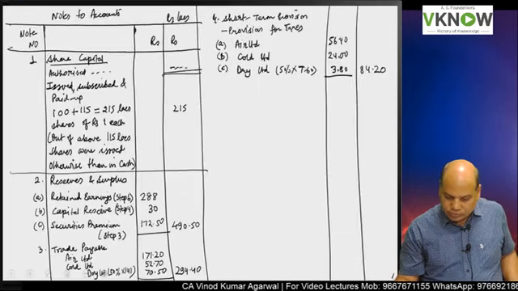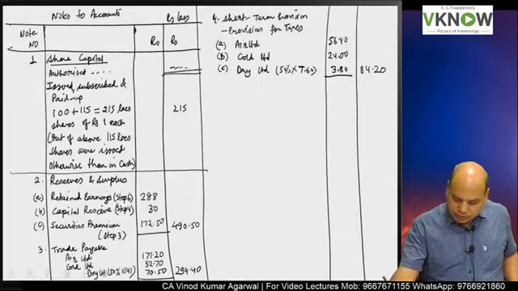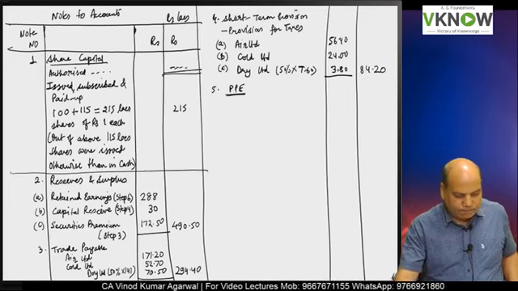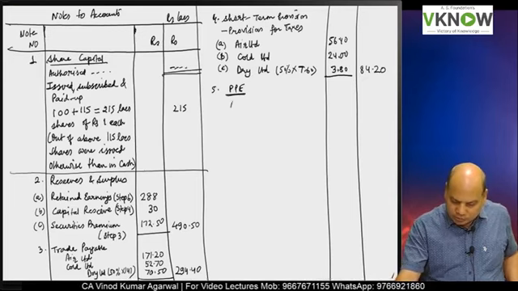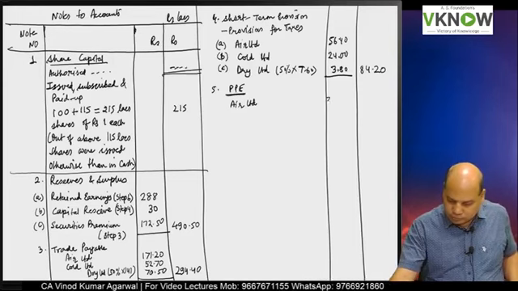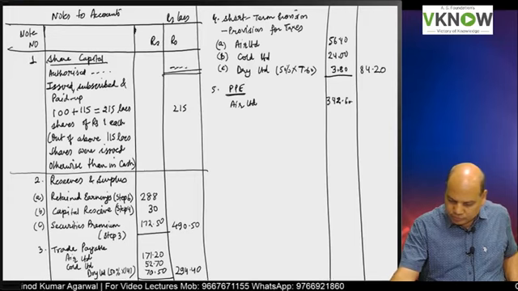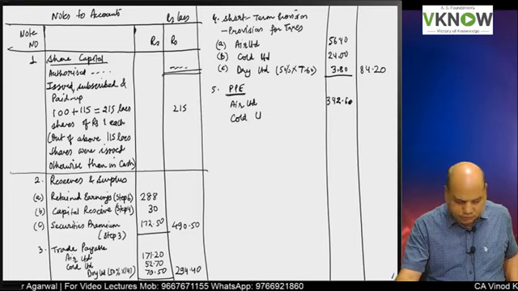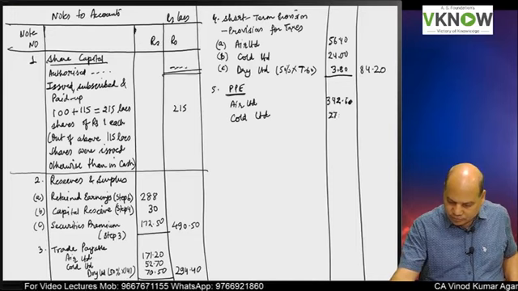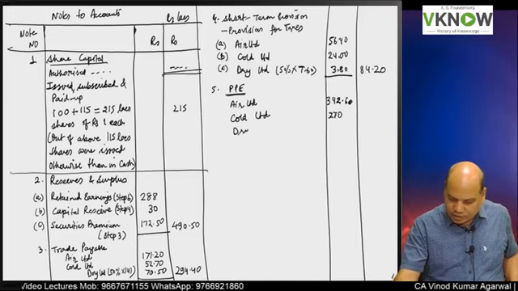Now we'll come to note number 5, PPE. Under PPE write down Air Limited full 342.6, Cold Limited full 270, Dry Limited half.